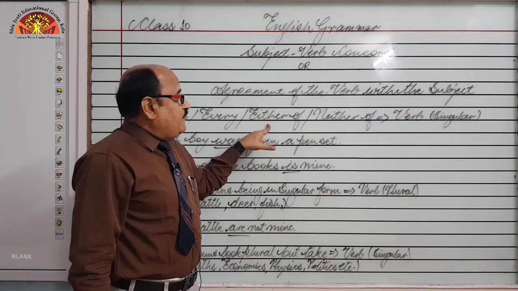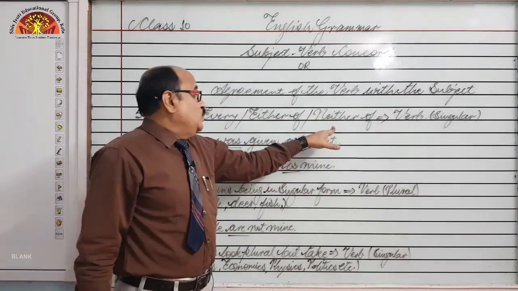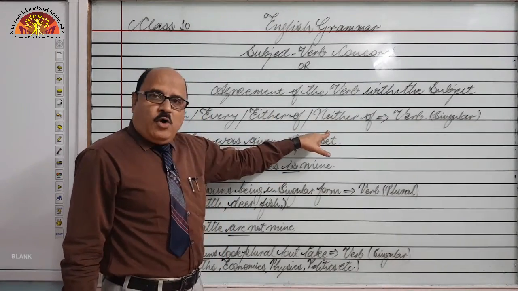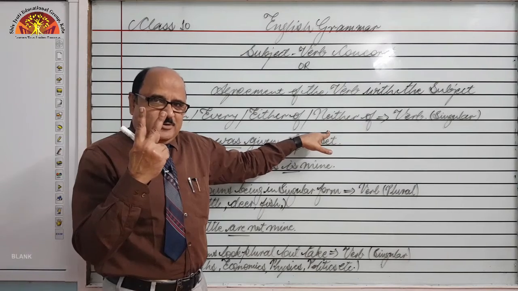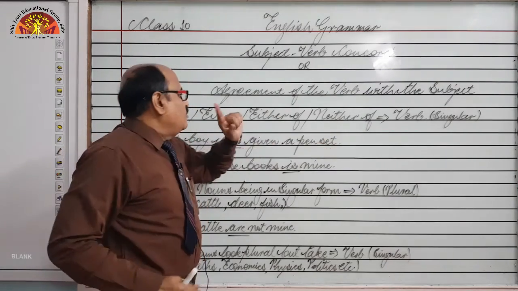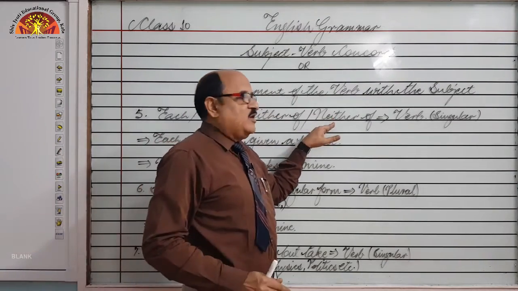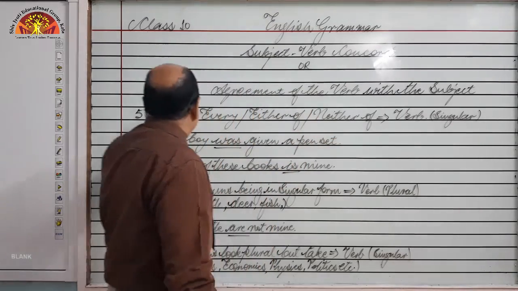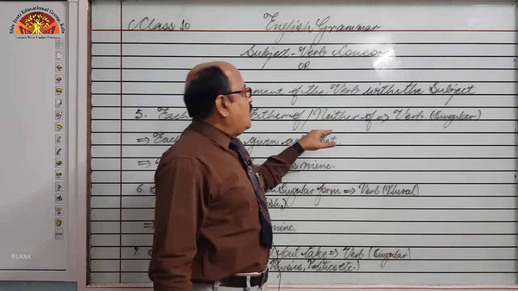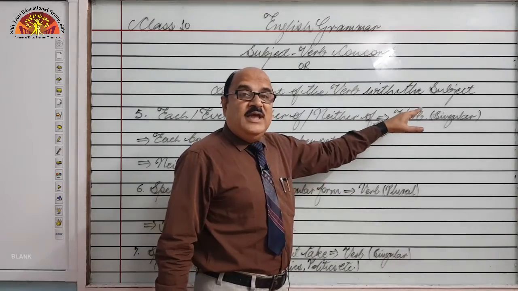But either of and neither of, we use for two nouns together, one of them, or not one of them. So, in that case, for each, every, either of, neither of, we have to use the verb in its singular form.